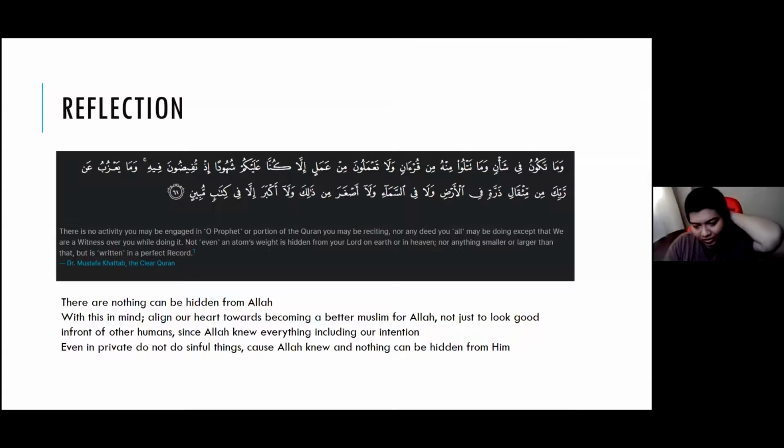So basically, if you want to relate, there is nothing that could be hidden from us. Even in private, if we do sinful things, Allah knows, and there's nothing that could be hidden from Him. But this ayah is not directly related to the laser.